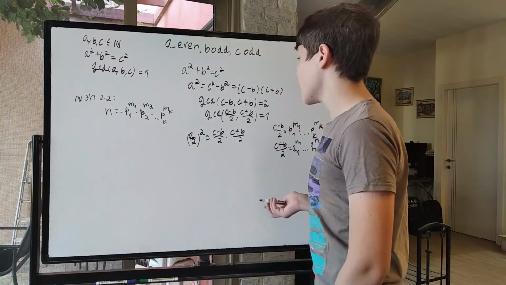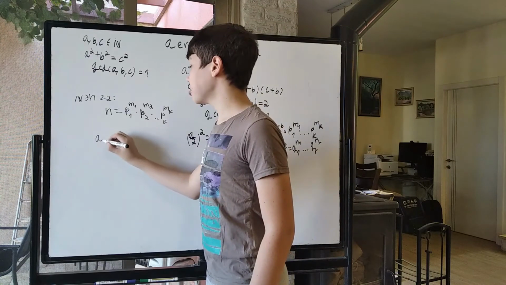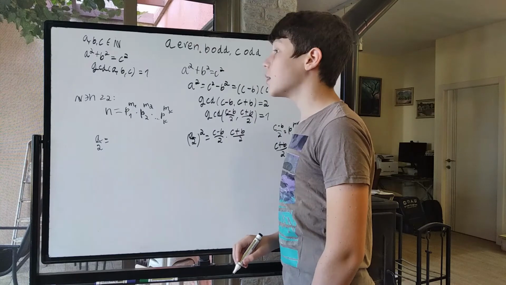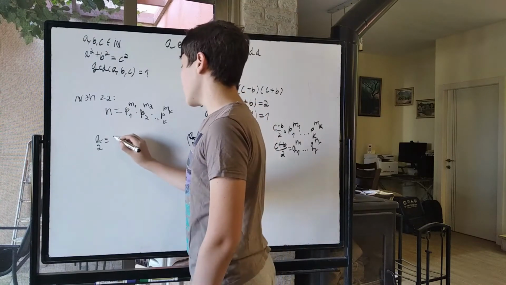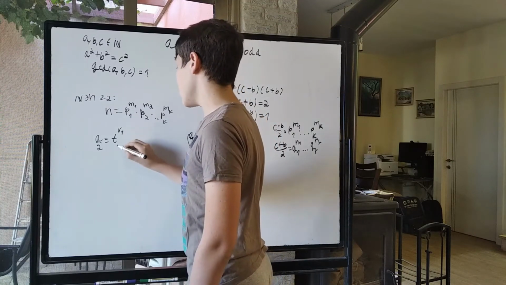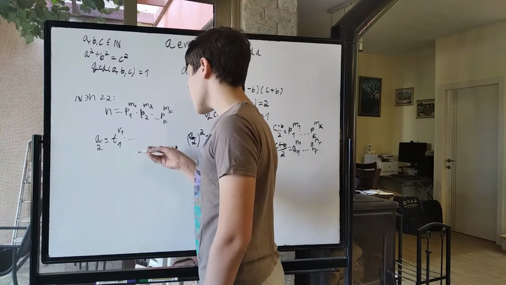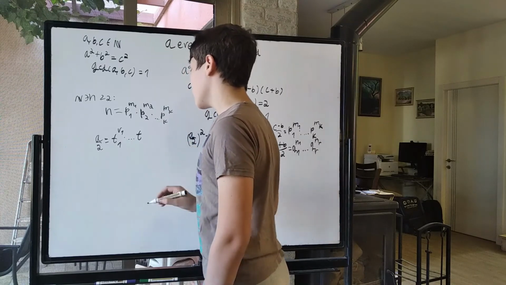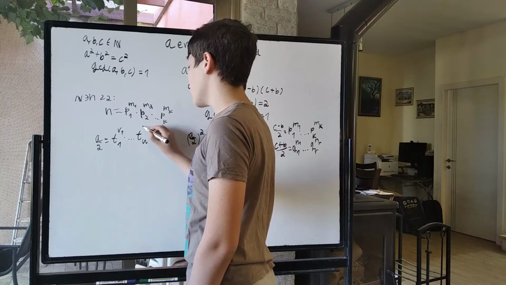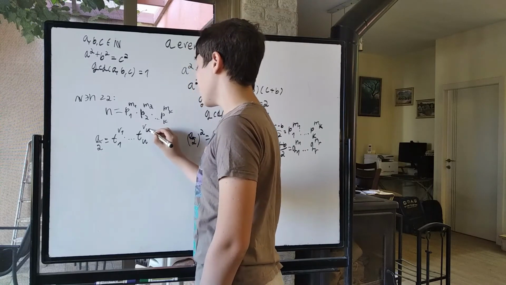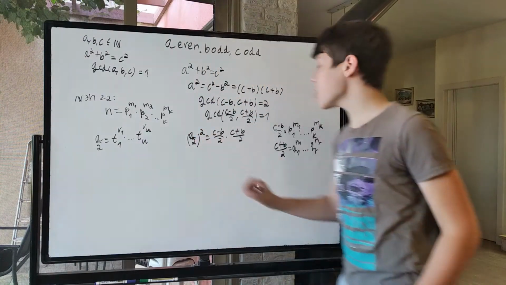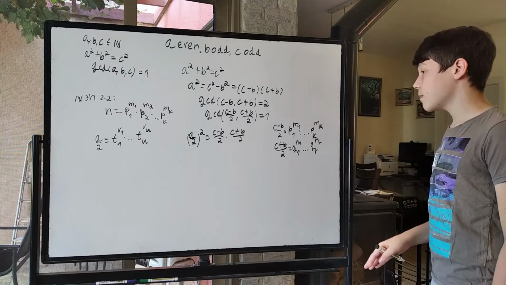And so if we say A over 2 is something like t1 to the v1 times all the way up to tu to the power of vu, then we get that this thing squared is this times this.